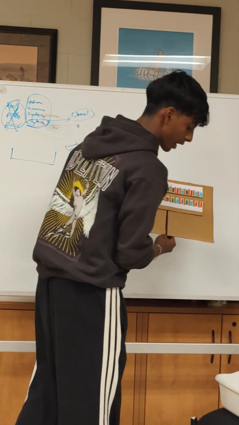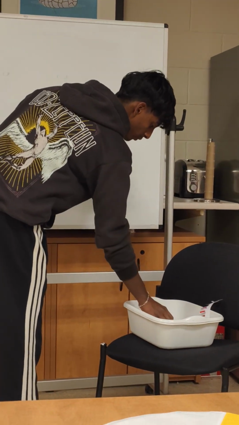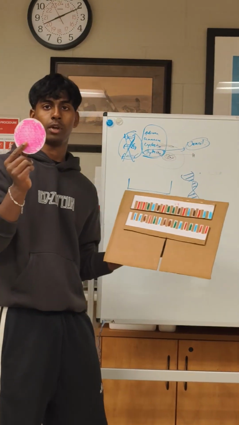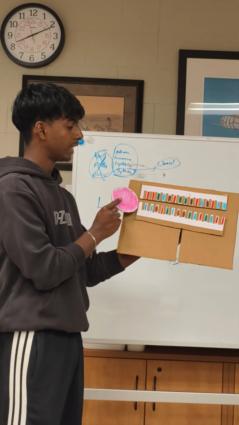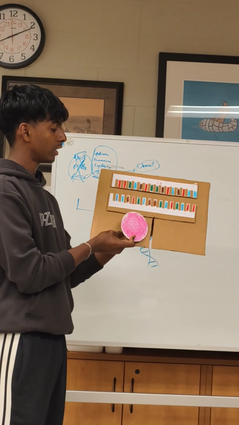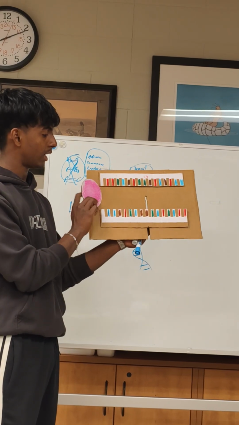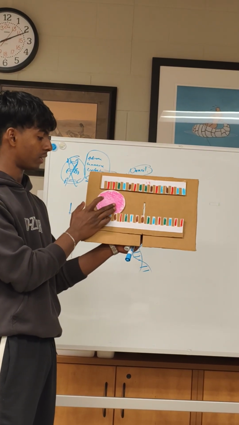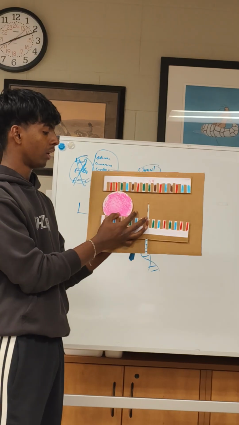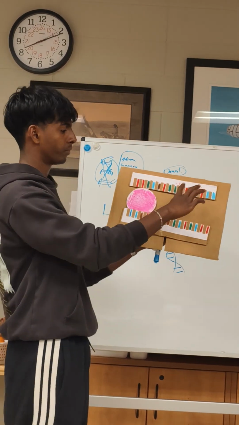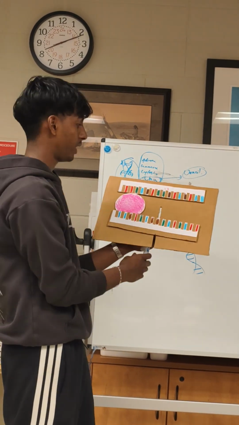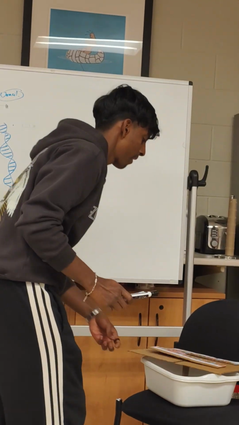And for transcription, this is the polymerase. The polymerase just gets in between the strands and widens it, making it almost like two-stranded for a certain amount of space. I'll just draw it.